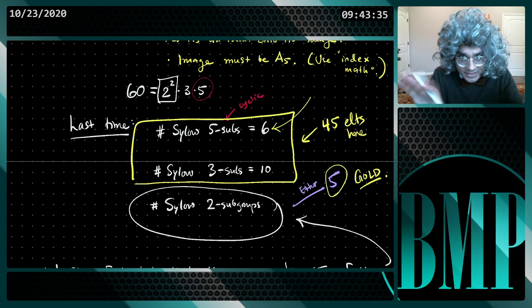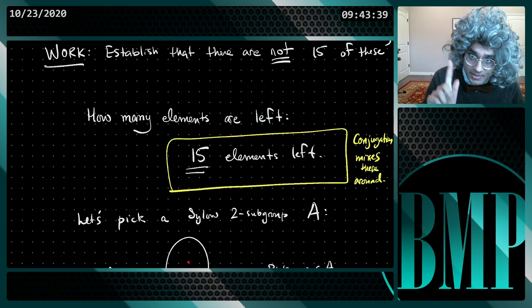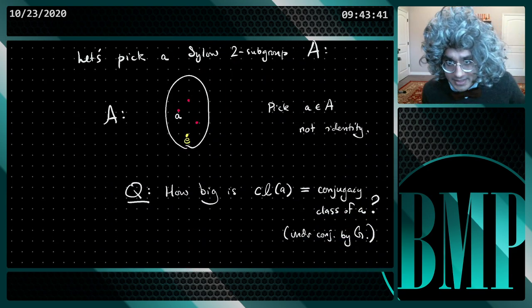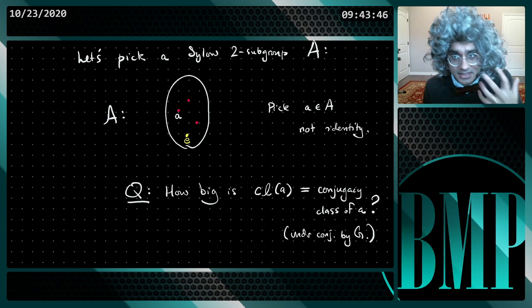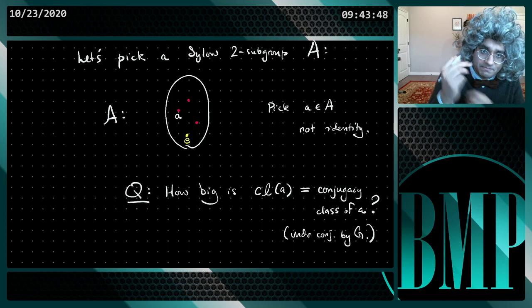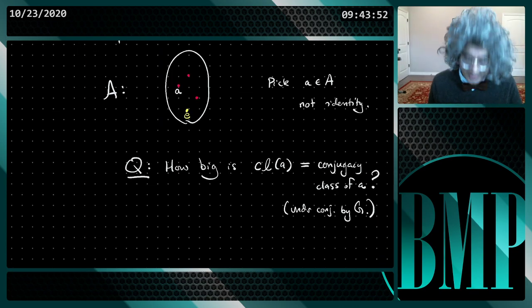So if you look at the complement, it stays stable under conjugation. So I took an element little a, took its conjugacy class, and that is in this set of 15.